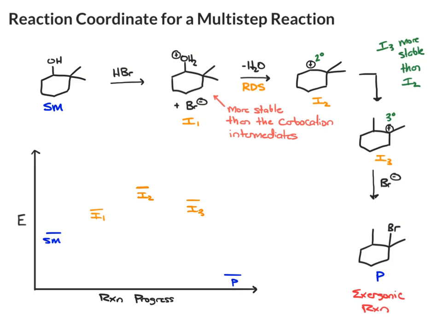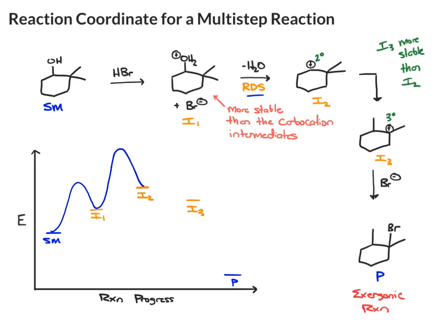We need to just draw our line to represent the energies, and every step will go through a transition state. So we draw a line, starting material to intermediate 1. Well, intermediate 1 to 2 is our rate determining step. So that should be our tallest hump on the coordinate.